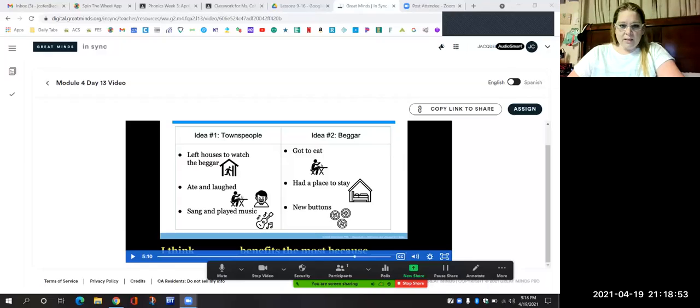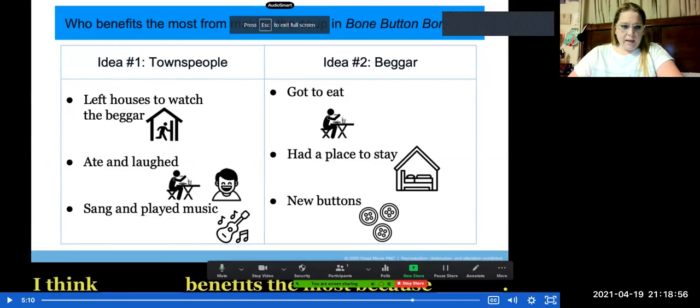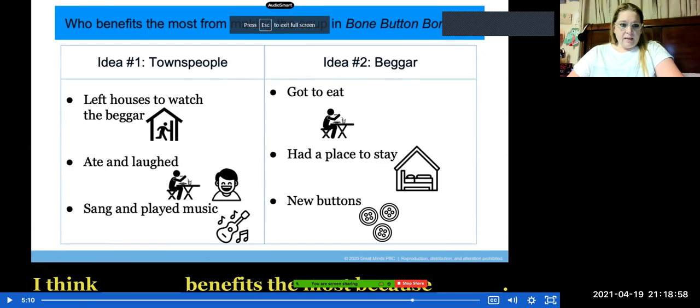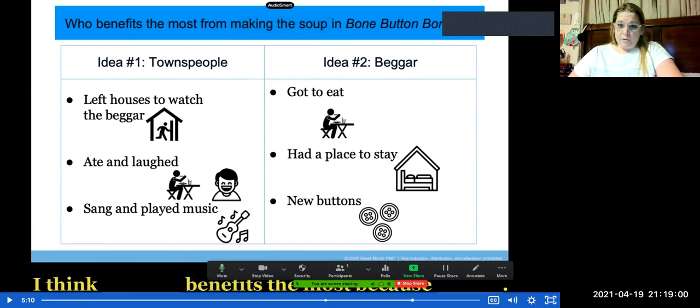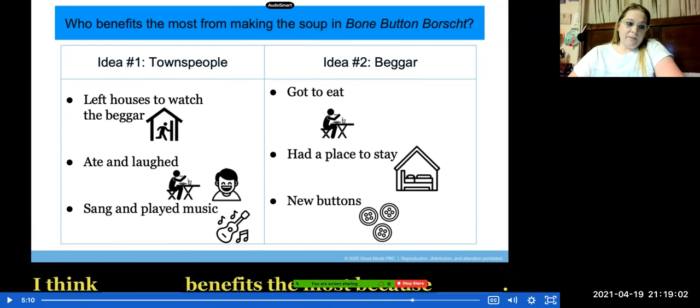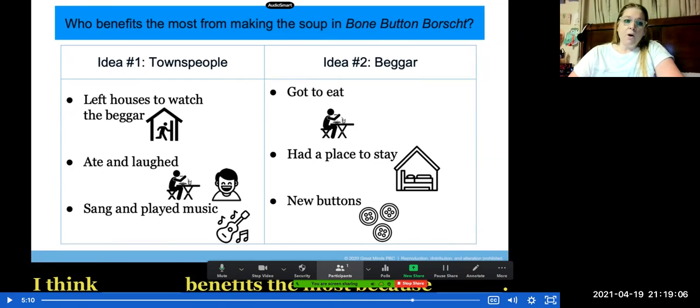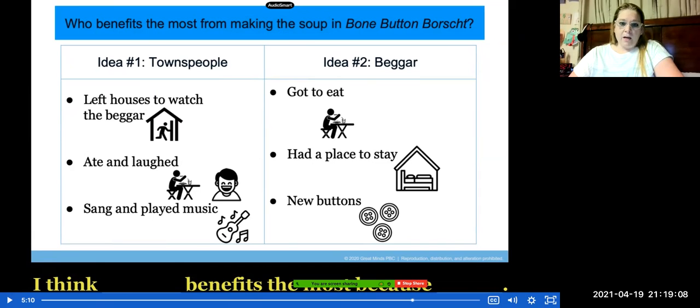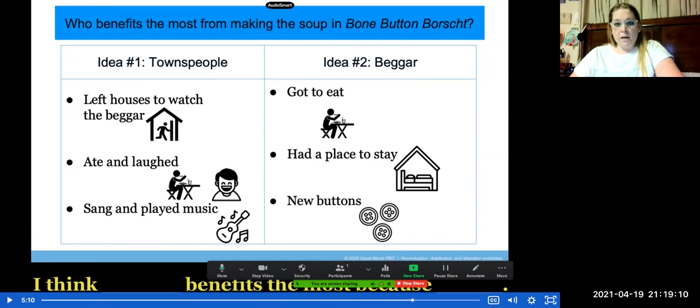So you're going to choose either the townsfolk or the beggar. Which one do you think benefits the most? And you need to use this statement that's on the bottom of the page. I think blank benefits the most because. So you're going to tell me, like, I think the townspeople benefit the most because. Or I think the beggar benefits the most because.